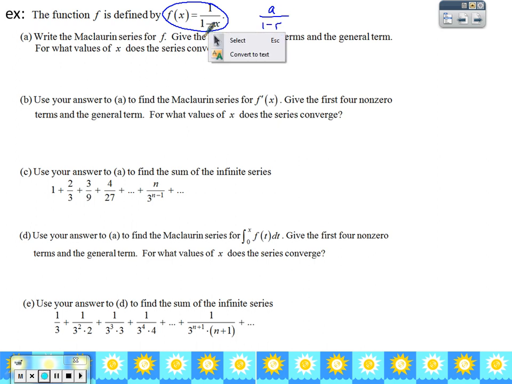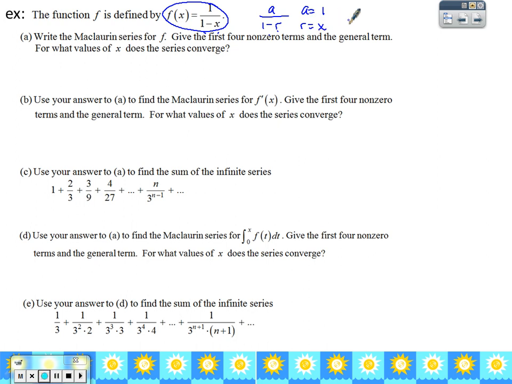I'm comparing a sum to a sum. You with me? This is the sum of the series. I'm comparing it to the sum of a geometric series. So a is going to be 1 and r is going to be x.